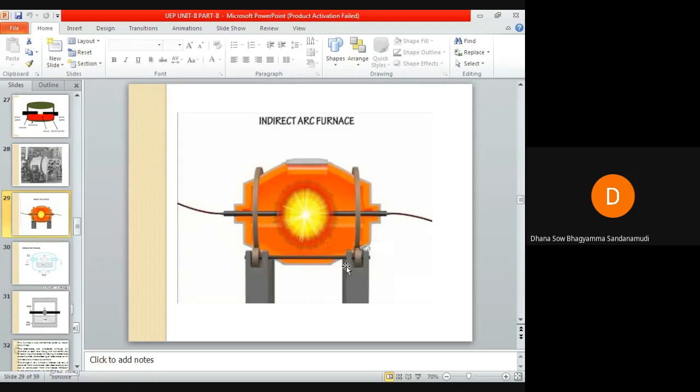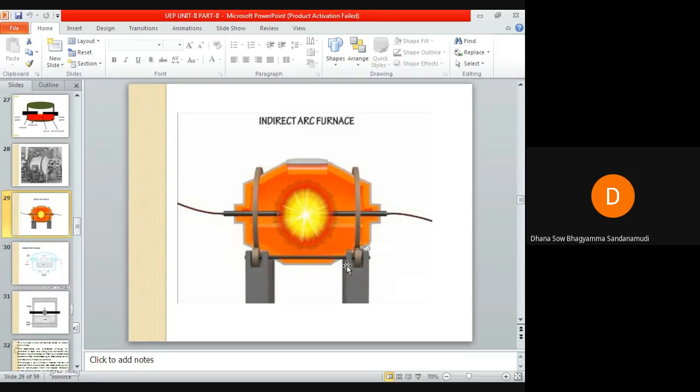The power input to the furnace is regulated by adjusting the arc length by moving the electrodes. The temperature developed within the furnace will be lower when compared to the direct arc furnace.